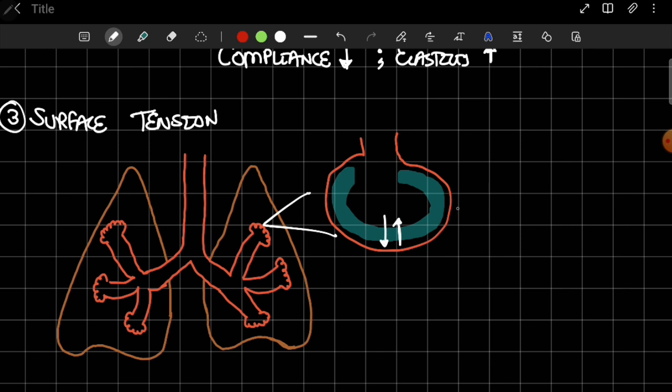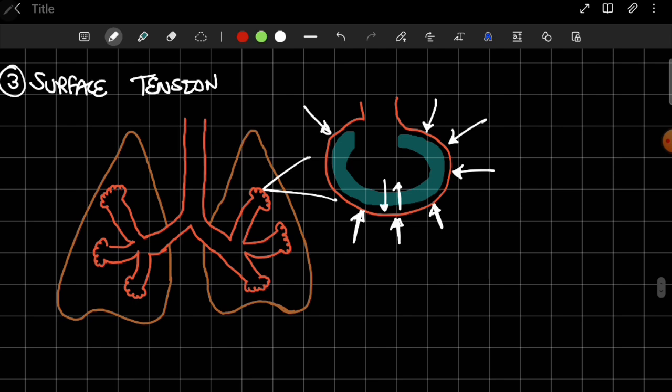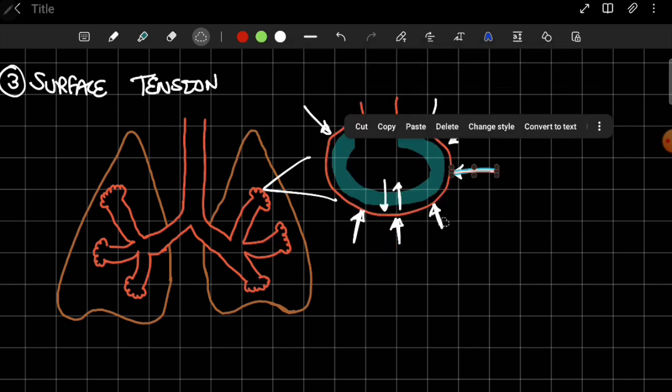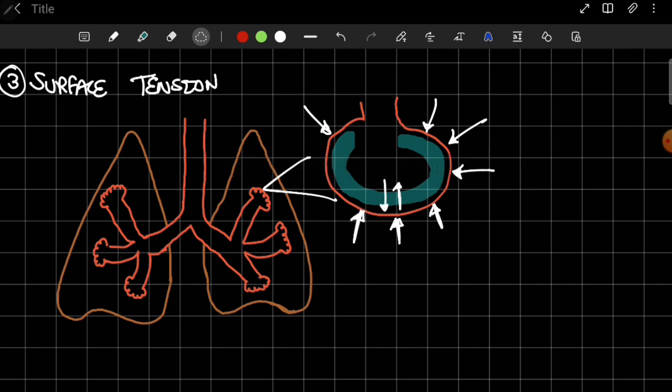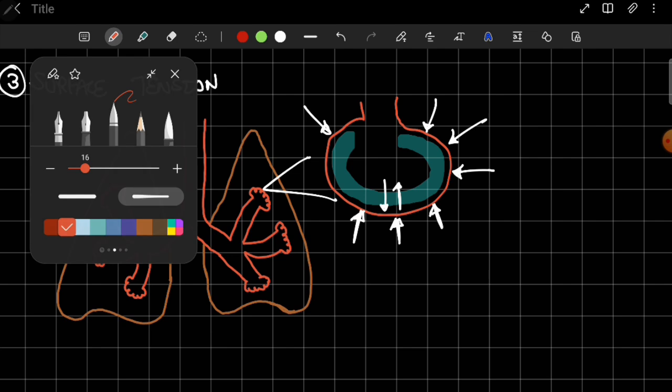There is a natural tendency that there will be pressure like this, because there is an air medium and a liquid medium. So this is one alveoli, this one is another alveoli. If that pressure is going like this, the alveoli can collapse, but it doesn't. Why?